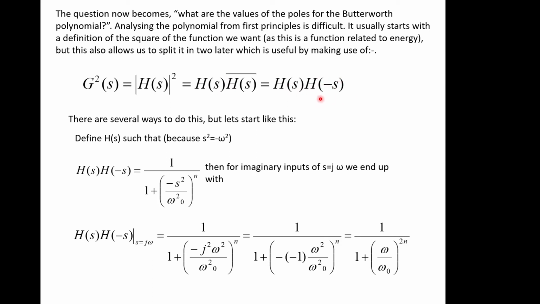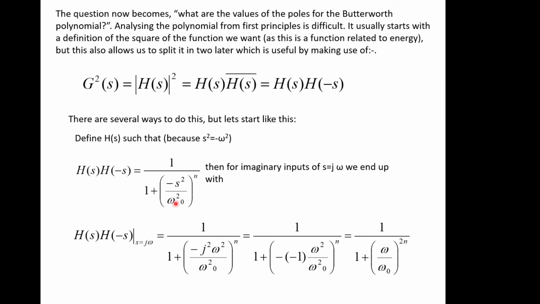So these are what we want to try and do, because eventually we want to be able to get rid of half of these solutions, because they're going to be in the right hand side of the Argand diagram and therefore unstable, so we want to get rid of those eventually. So there are several ways of doing it, but we would do it by starting with our definitions.